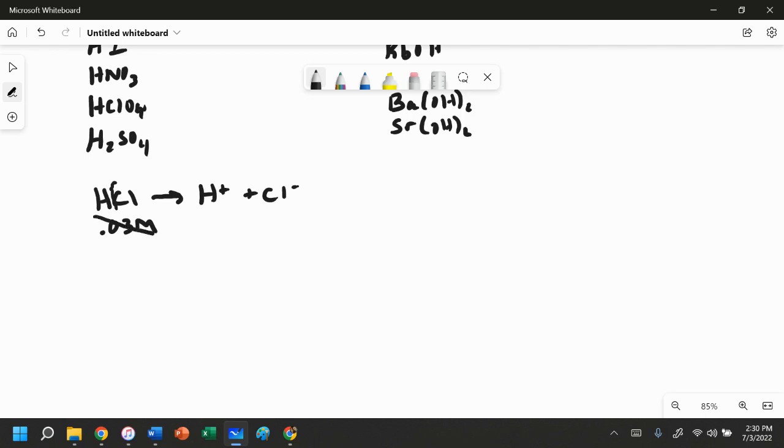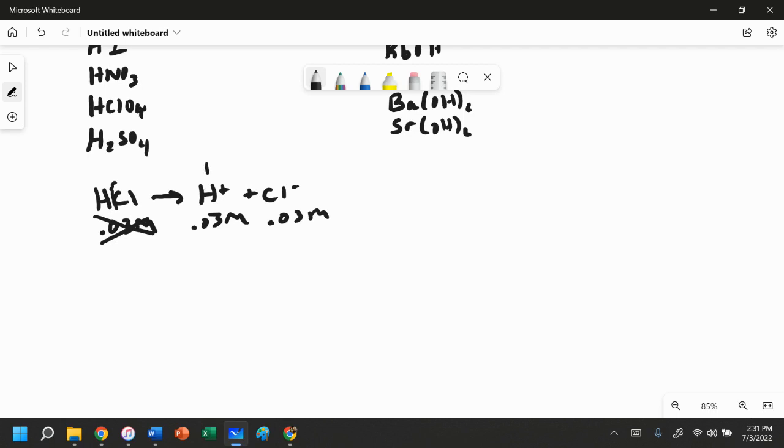So you really have 0.03 molar hydrogen ions, because it's a 1-to-1 ratio, and 0.03 molar chloride ions, because it's also a 1-to-1 ratio. So all of the reactant is going to become products.